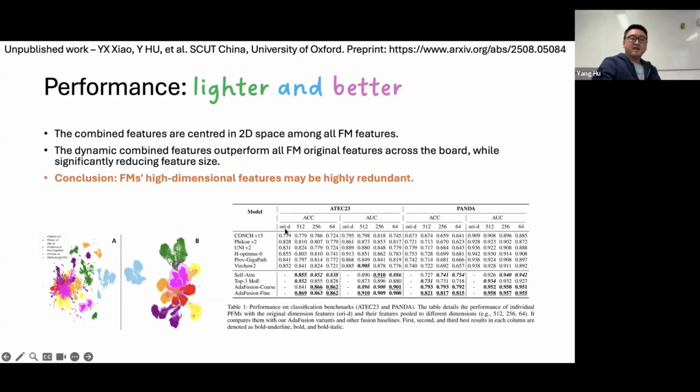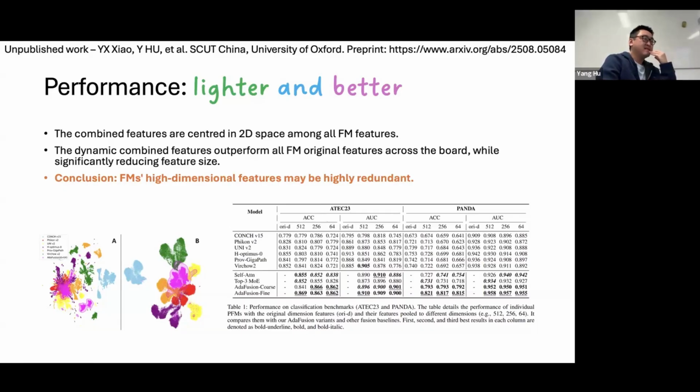For example, here we have the foundation model with the original dimension of more than 1,000, but when we express that in 64 dimensions, and after we combine them together, it's totally 384, right? Got you. So the 384 is so the downstream model is much lighter.